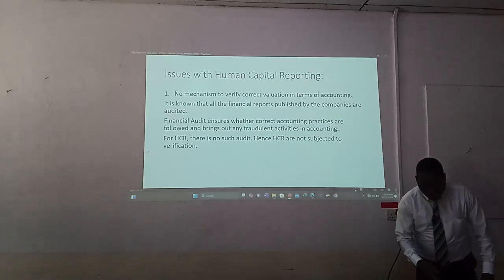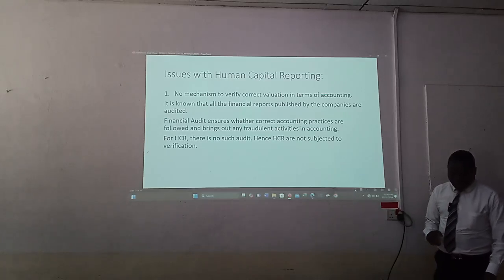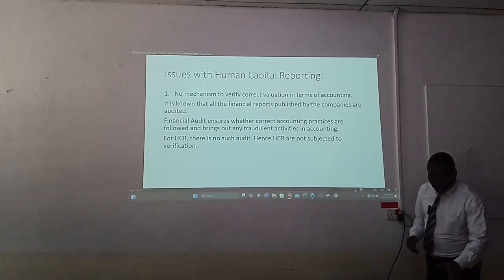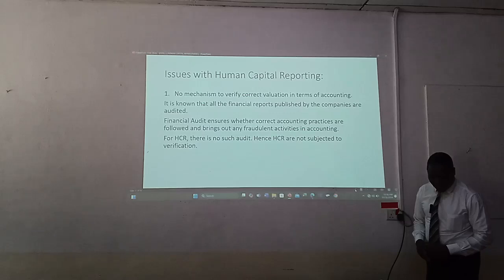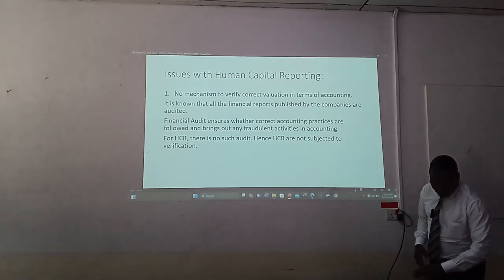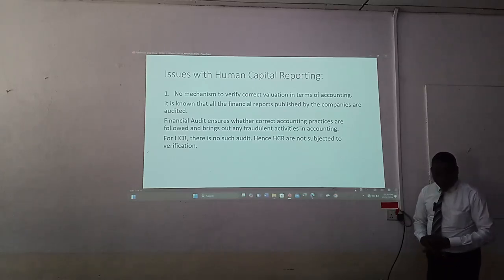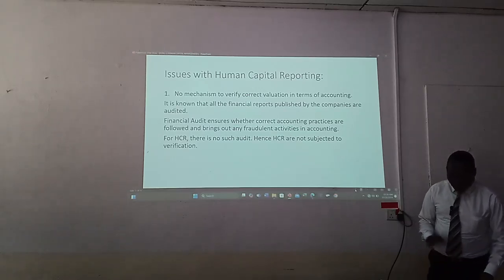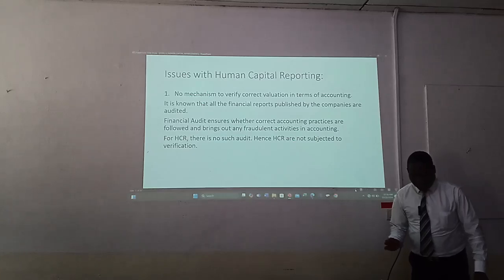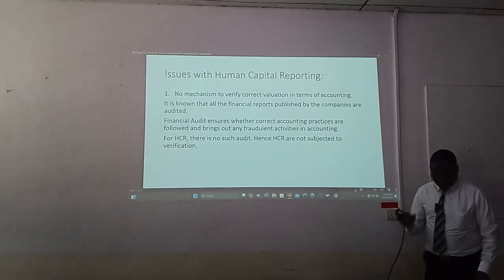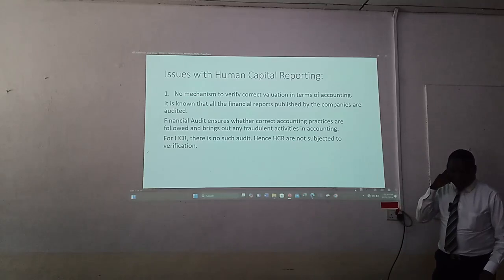It is known that all the financial reports published by the companies are audited. Financial audit ensures whether correct accounting practices are followed and brings out any fraudulent activities in accounting. However, for human resource reporting, there is no such audit. Hence HCR are not subject to verification.